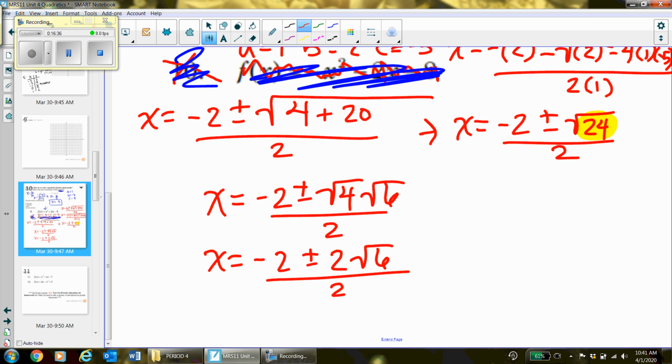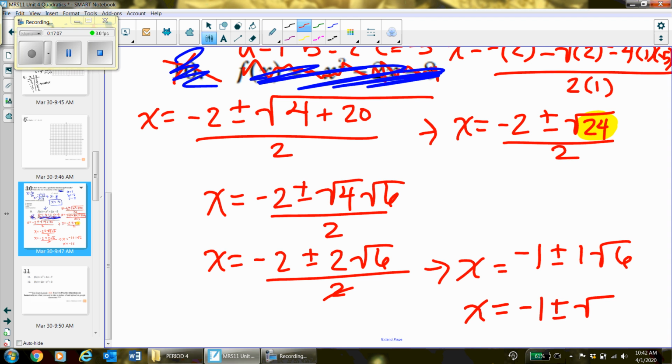I can divide each of these 2's in the numerator by the 2 in the denominator. So -2 divided by 2 gives me a -1. And then the 2 divided by 2 gives me a positive 1 here, which cancels out this 2, and that gives me a square root of 6. I don't have to include this 1 because 1 times anything is itself. So my final answer is x equals -1 plus or minus radical 6.